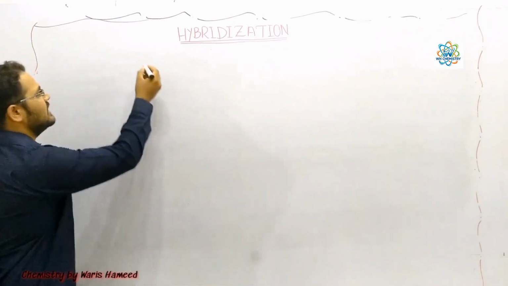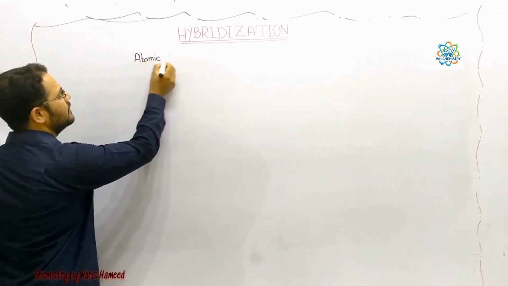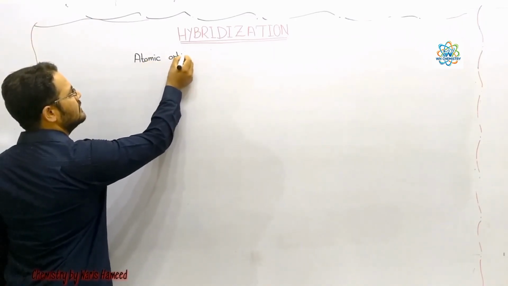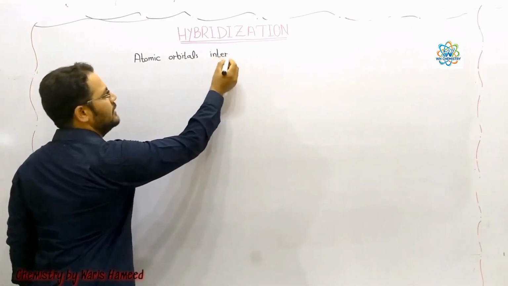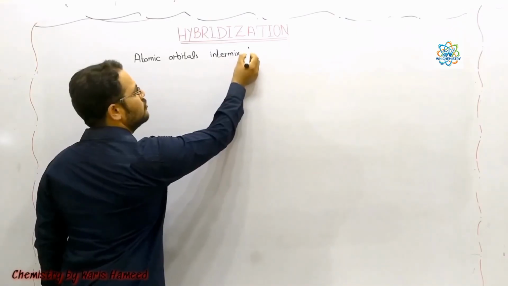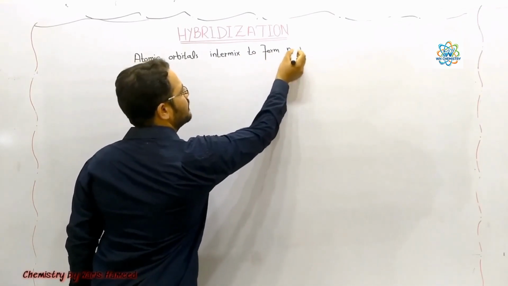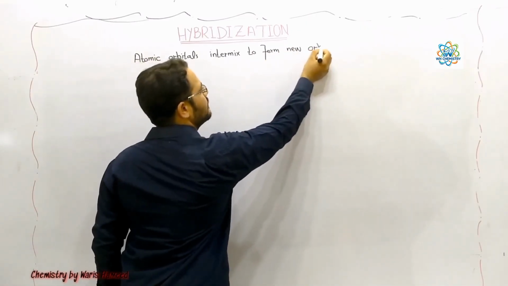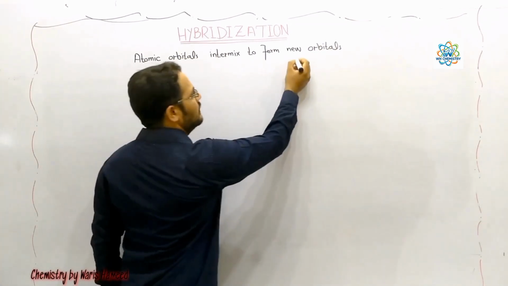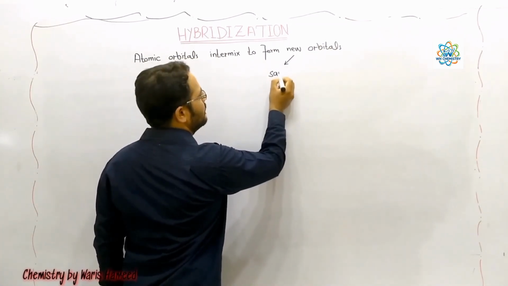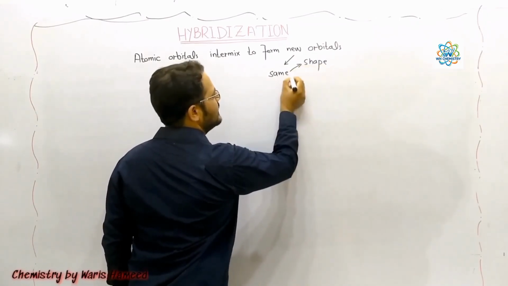Hybridization is the mixing of atomic orbitals. We can say that atomic orbitals intermix to form new orbitals, and the new orbitals have the same shape and same energy.